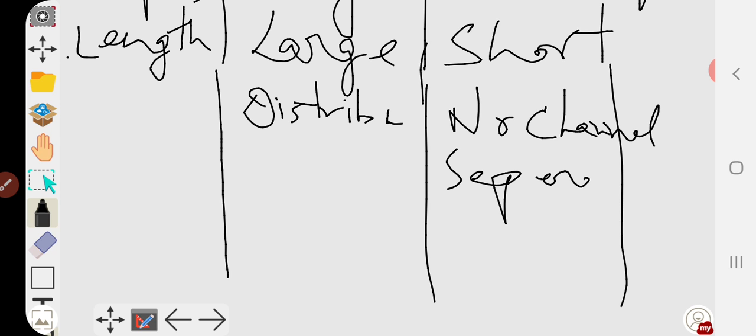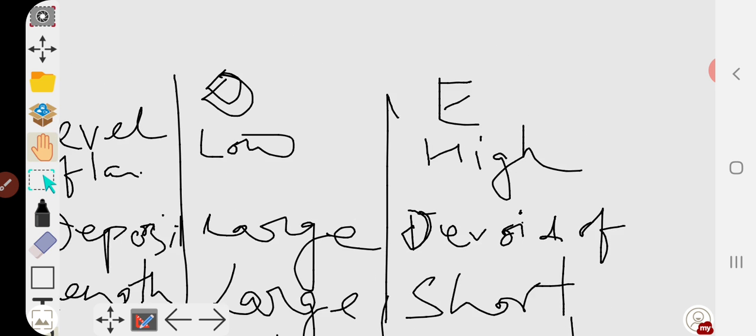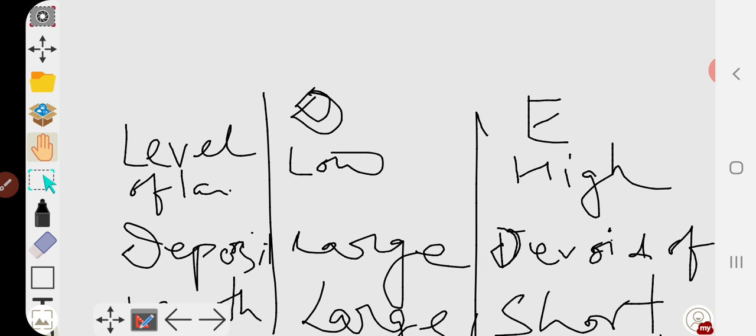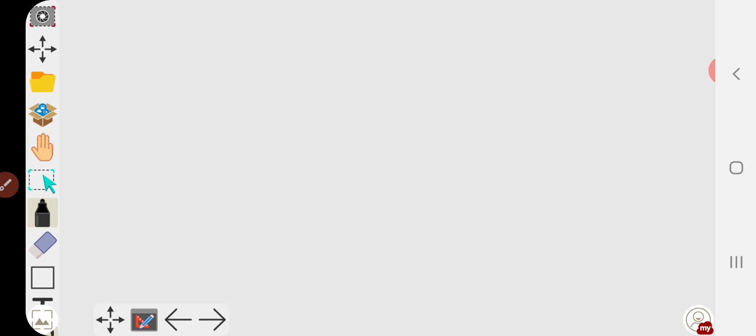Here distributaries are there. Then status of land, fertile and sterile. So I have discussed so many points. You can take any of the points and you can write the example that which river makes delta, which river makes estuary.